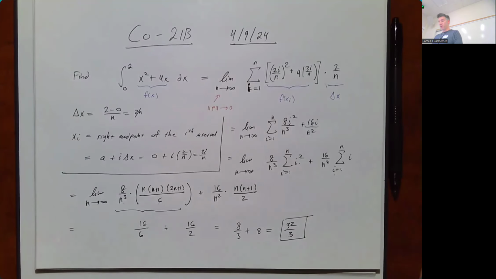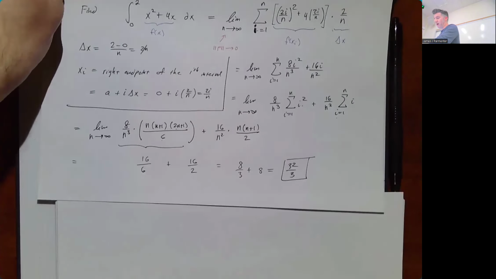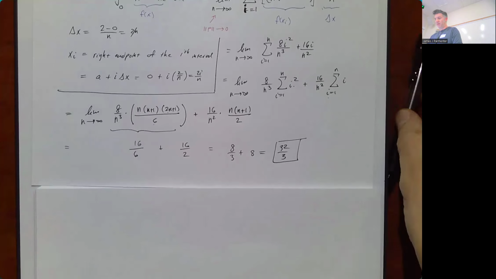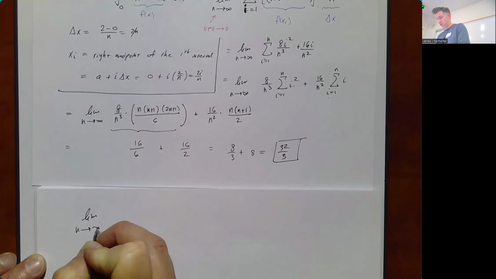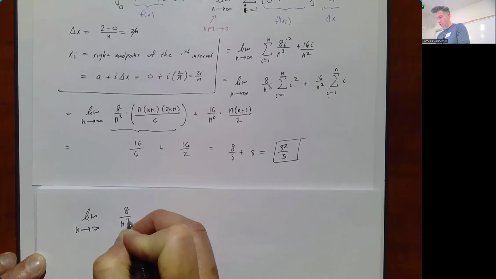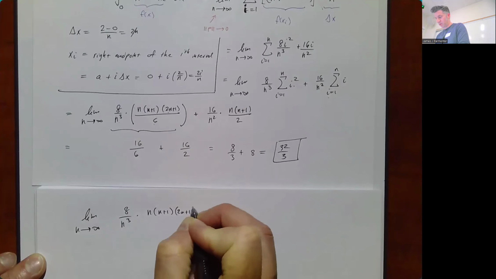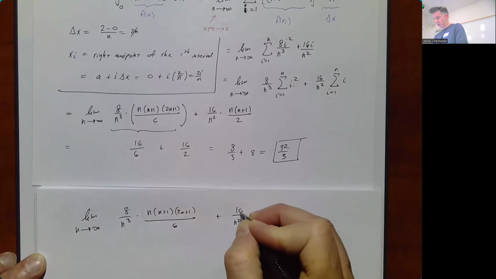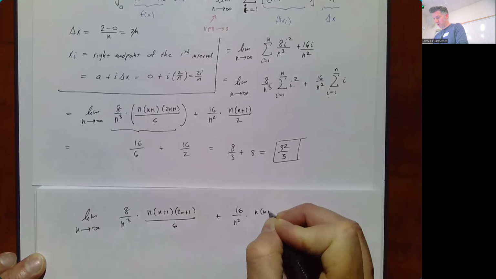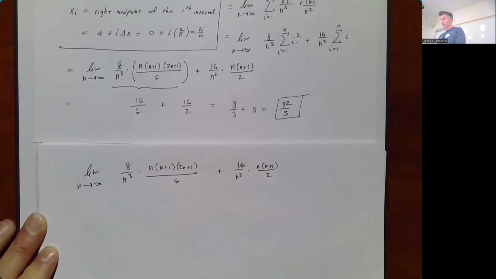The work I'm not showing, which we'll show now, is the work that you often see people gloss over. When I did this limit, the limit as n goes to infinity of 8 over n cubed times n times n plus 1 times 2n plus 1 over 6, plus 16 over n squared times n plus 1 over 2, there are a couple of ways to show the work that make this easier.